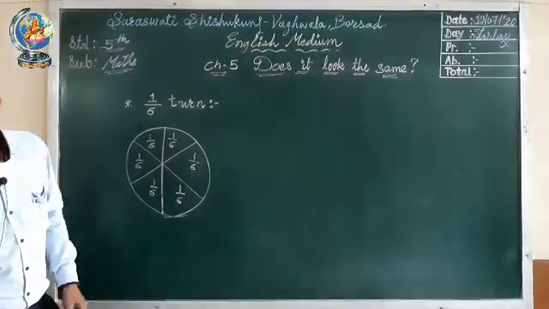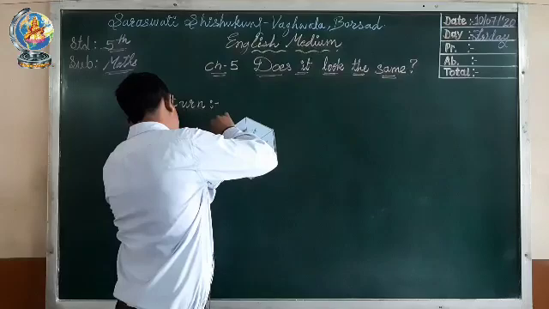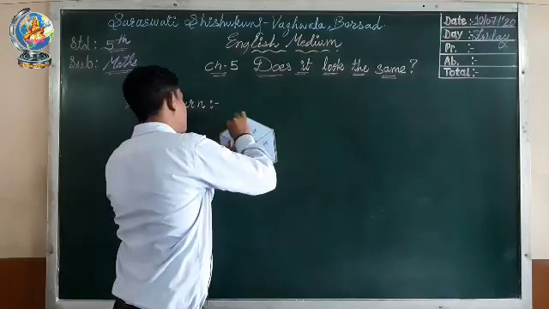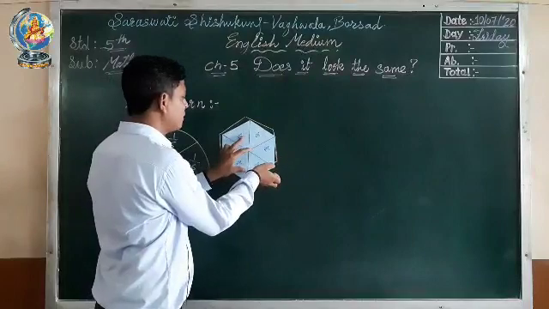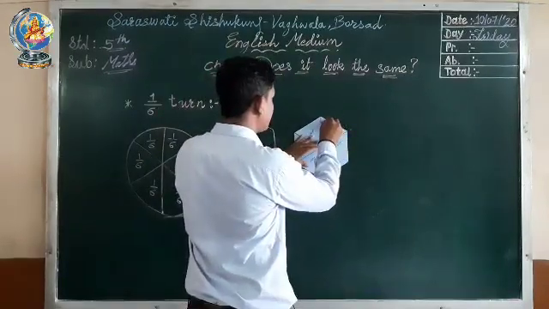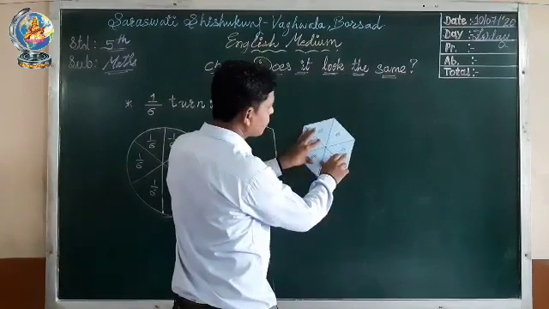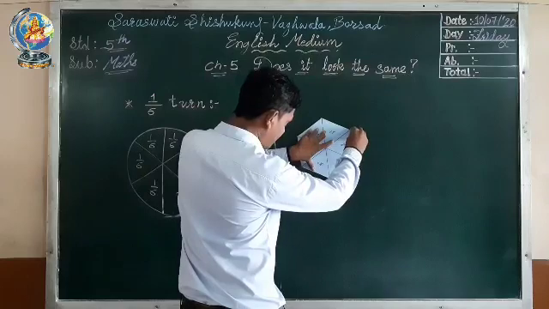What is 1/6 turn? Original position is like this. Now if I rotate this hexagon, I am rotating this hexagon from this side. How it looks on 1/6 turn, you can see here. Now I am drawing it.